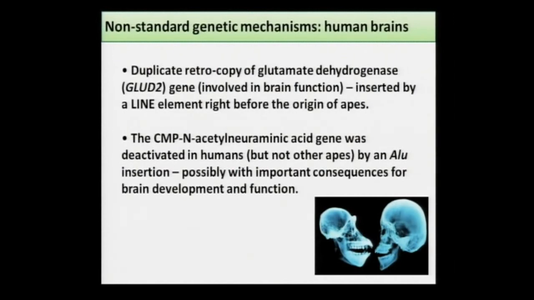There's a duplicate copy of a particular gene that's involved in brain development. That copy of the gene was inserted by a long interspersed nuclear element, which is a type of transposable element, right before the origin of the apes. There's another one that was deactivated in humans that has consequences for brain development and function, and it was deactivated because a particular transposable element inserted into it.